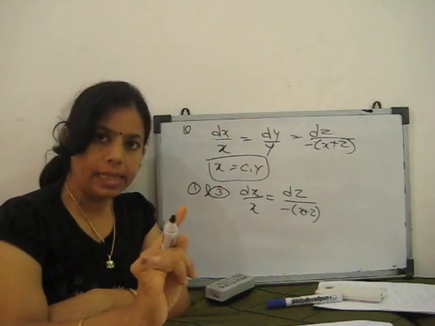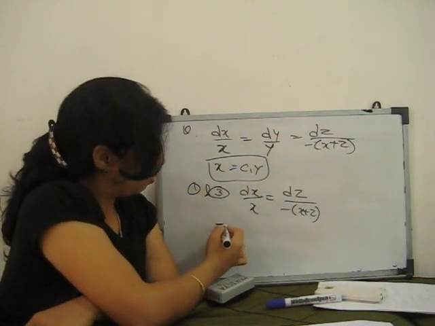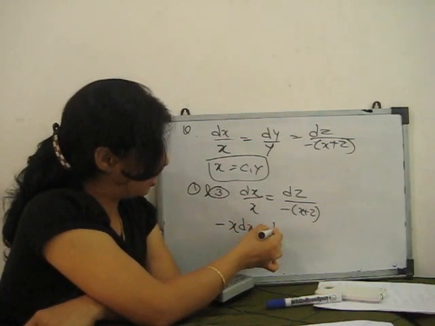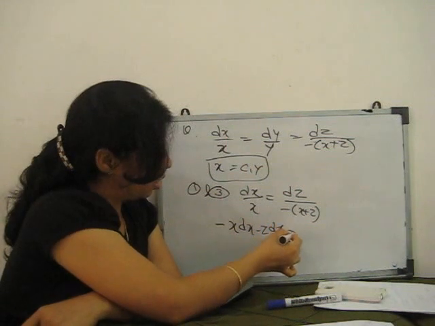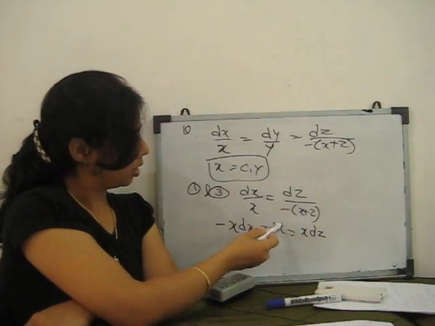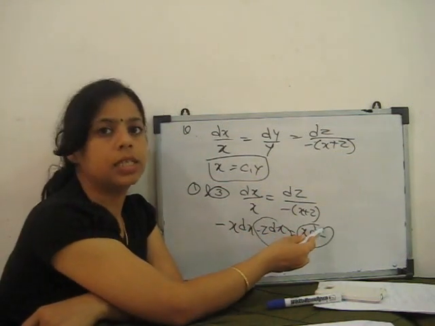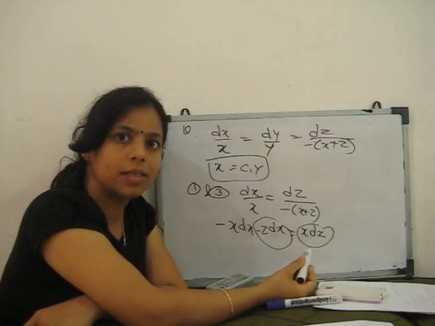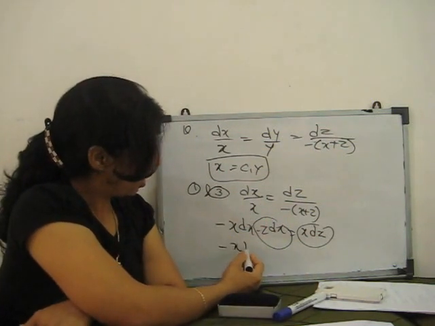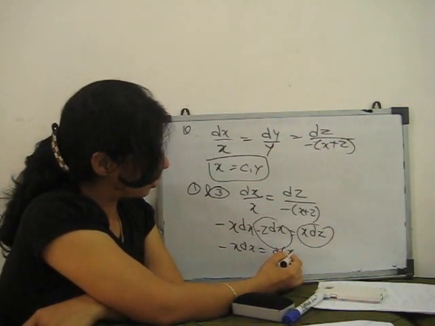Now in this case, open it and multiply, so minus x dx minus z dx equals x dz. Now you see, this is z dx, this is x dz, so we can combine these terms and easily integrate. So now minus x dx equals d of xz.